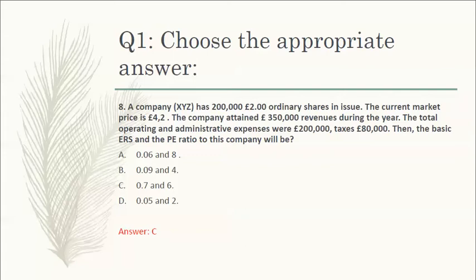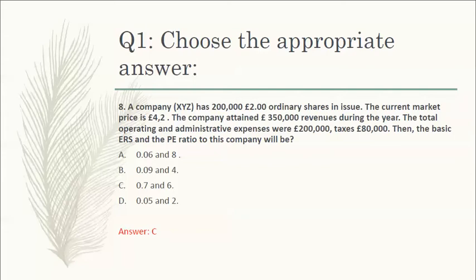And then he said that the company attained 350,000 revenue during the year, and their total operating and administrative expenses were 200,000 and 80,000. Then the basic earning per share and the price earning ratio for this company will be.